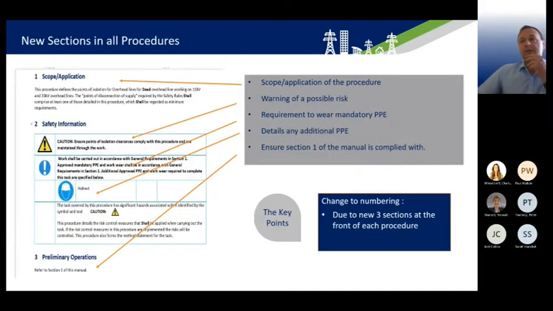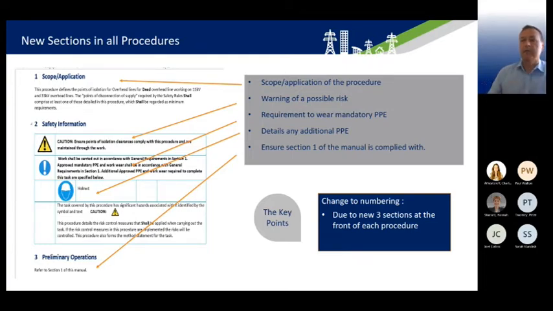In each of the procedures, there are now 3 new sections. First of all, there's a scope and application, which describes exactly what the procedure is for. Then there's section 2, which is safety information, and if you remember, the warning symbol is used in the safety information, pointing out a particular hazard or risk, so it's warning what the risks are.